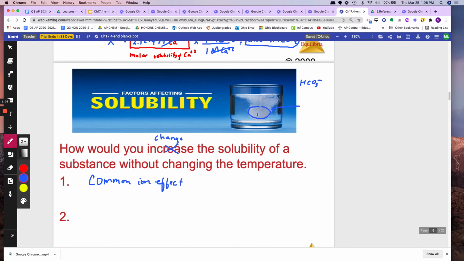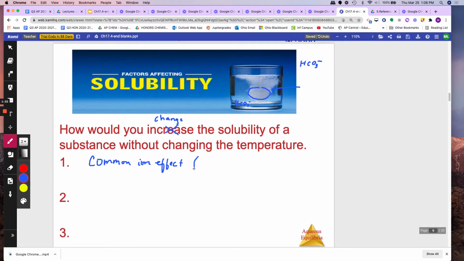So if you already have HCO3- in the water before you add the tablet in, you will actually dissolve less of this because there's already the same ion in the water. So because of the common ion effect, you would then decrease the solubility.